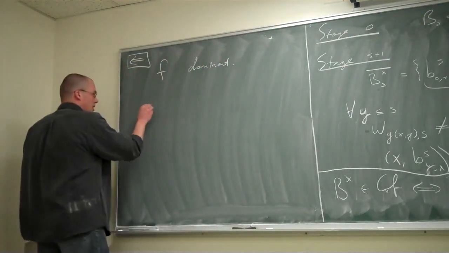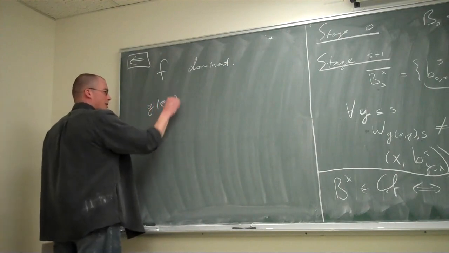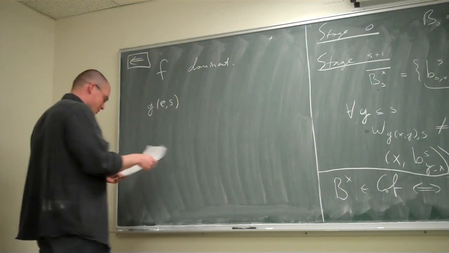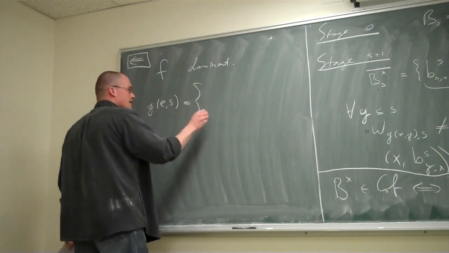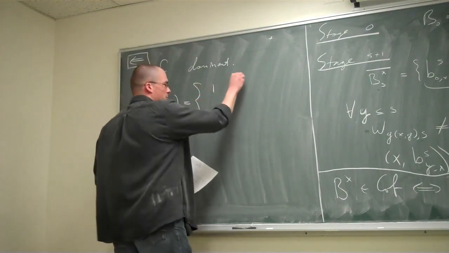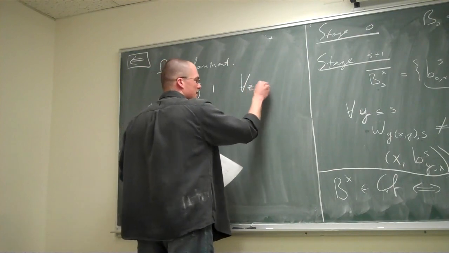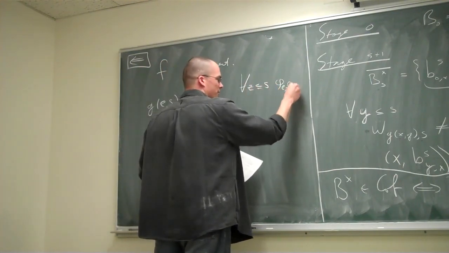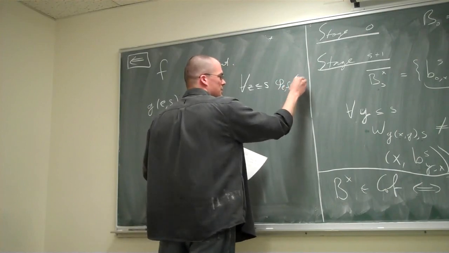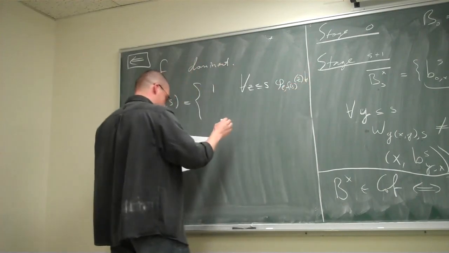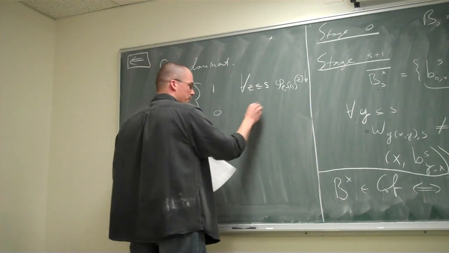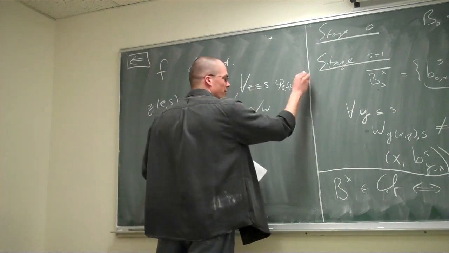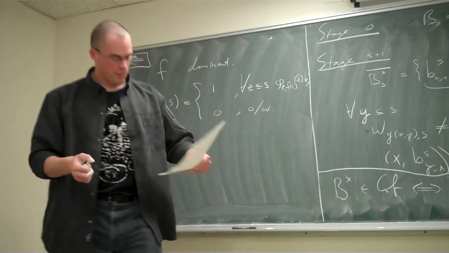Let's hope that my agreement with what I wrote here as I was writing my notes still holds up. This is equal to 1 if for every z less than or equal to s, phi e of f of s of z converges, and 0 otherwise. This looks good to me.